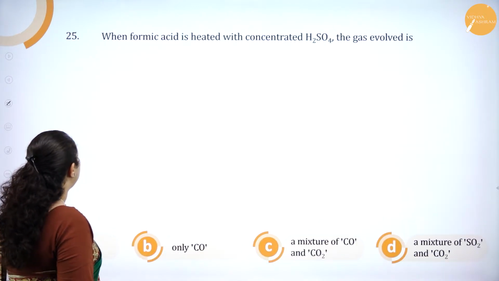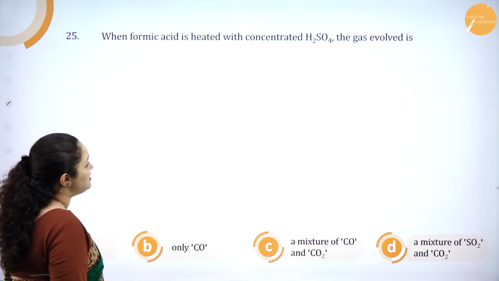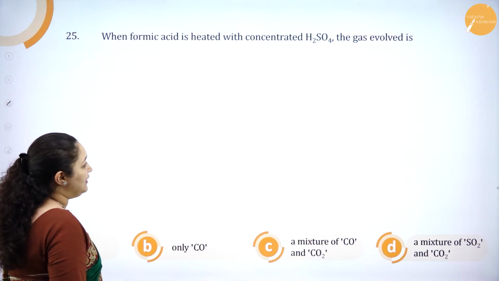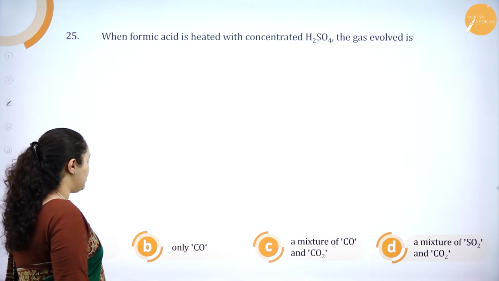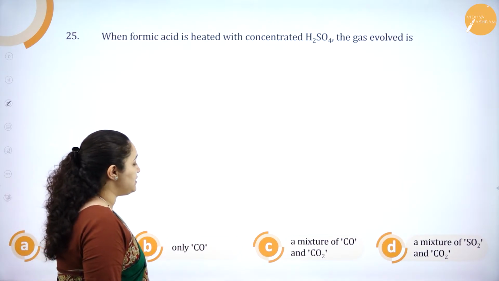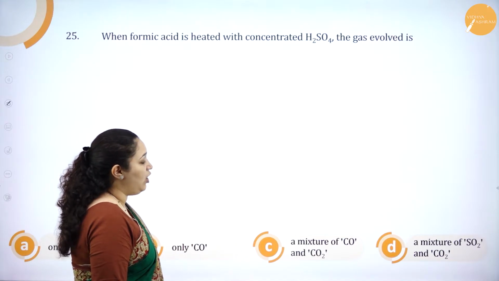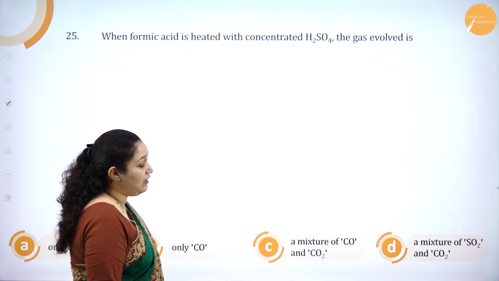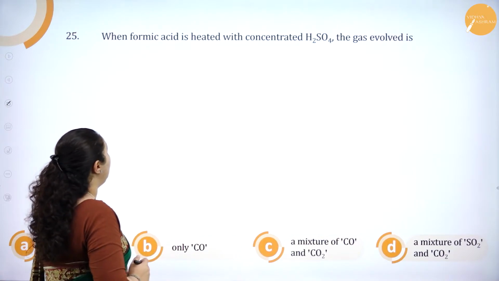Next one. When formic acid is heated with concentrated H2SO4, the gas evolved is option A, only carbon dioxide, option B, only carbon monoxide, option C, a mixture of carbon monoxide and carbon dioxide, option D, a mixture of sulfur dioxide and carbon dioxide. So what are we heating here?